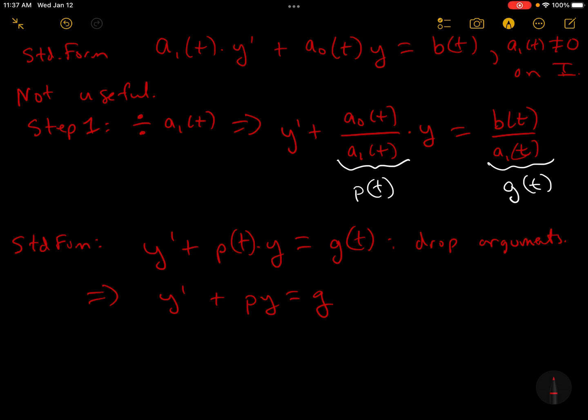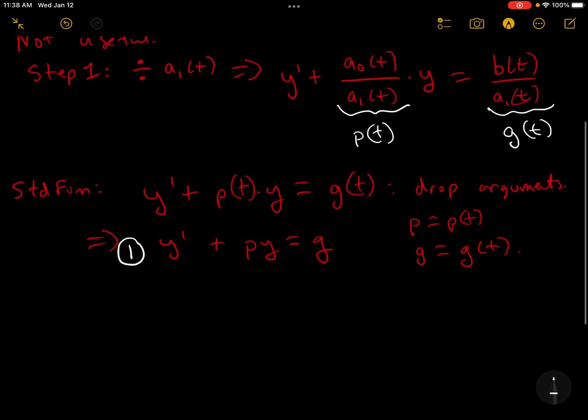Just remember that p is actually a function of t only, and g is actually a function of t only. All right, so step one in solving is to get the equation into this form. At the end of this little development, we'll lay it all out really clear. So this will be step one in our solving algorithm.